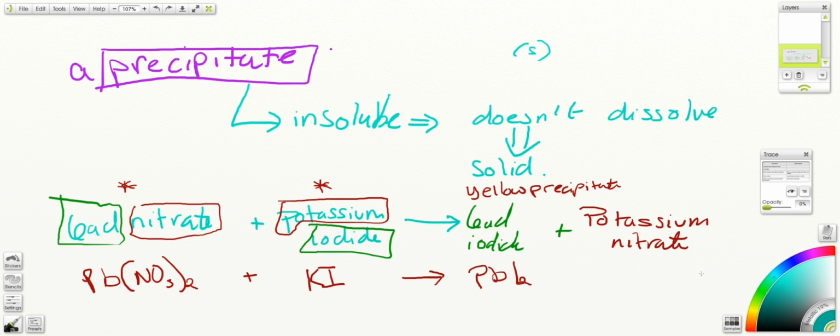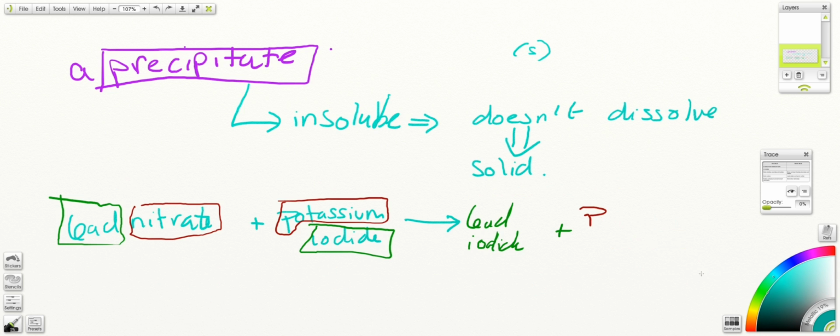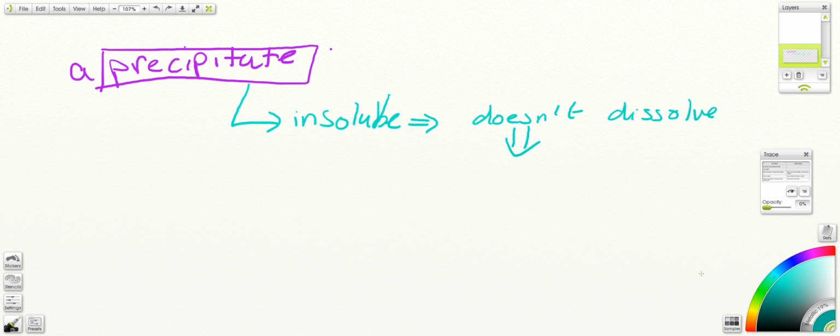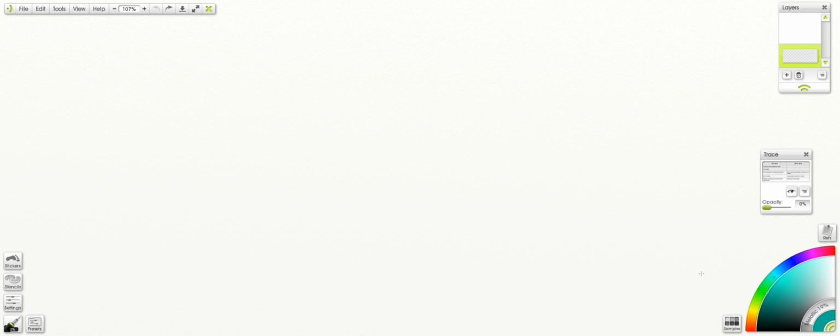So now we're going to look at uses of precipitates, because they do have uses, and the specific use that we're going to be looking at is barium sulfate. Right, so let's have a look. Barium sulfate, also known as a barium meal.